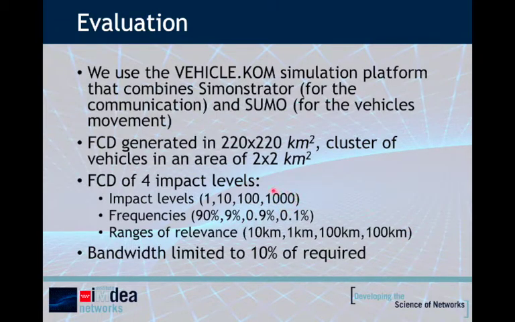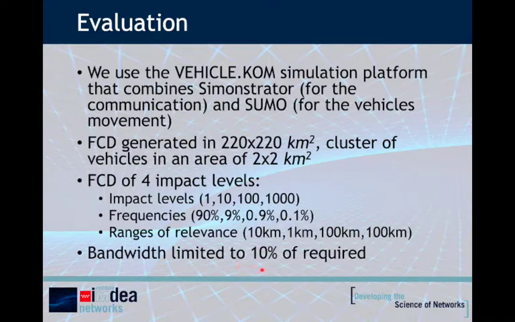So probably the impact level of 1,000 is something that occurs very rarely. It could be a big crash, and it may affect up to 100 kilometers around, because it could perturb the traffic of maybe a big highway.